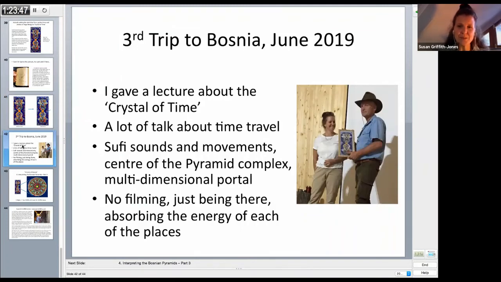This was the occasion when I went to the Sufi temple, met the sheikh, and had a very big discussion on the sounds that the Sufis use and the movements they use, the center of the pyramid complex, and as you know, I didn't need to say it to him, the sheikh told me himself, the multi-dimensional portal that exists at the center of the equilateral triangle there.